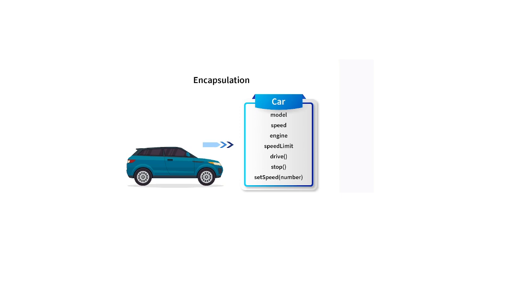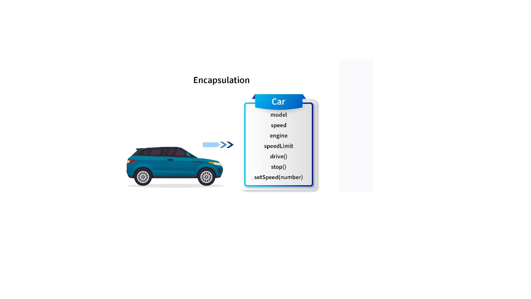Suppose let's think about a car. In a car we have certain properties and certain behavior. A car can perform operations like drive and stop, and we can set a speed limit.